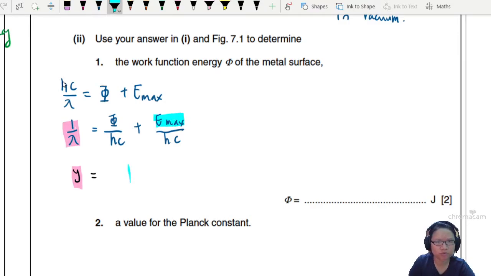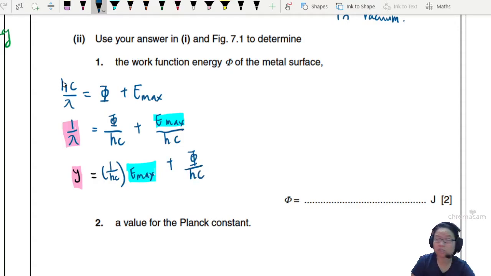So Emax is here. And what is your gradient? 1 over hc. Plus, this whole thing, work function over hc, is your y-intercept. Oh, this is not y, sorry. This is 1 over lambda.